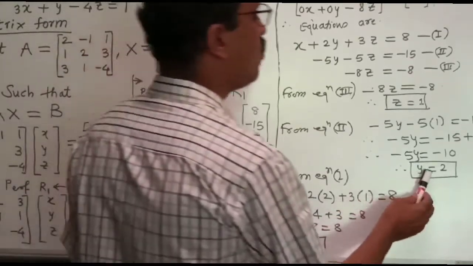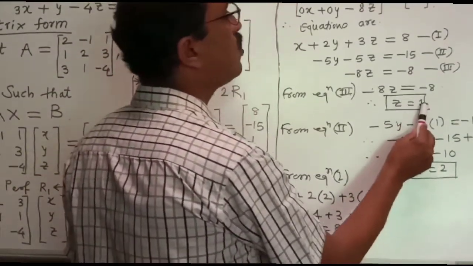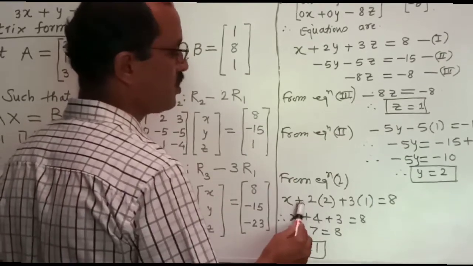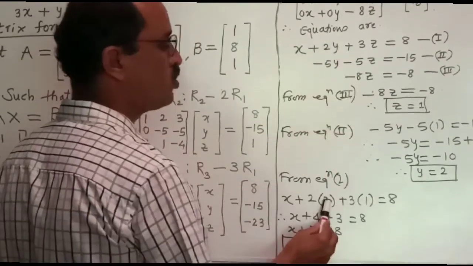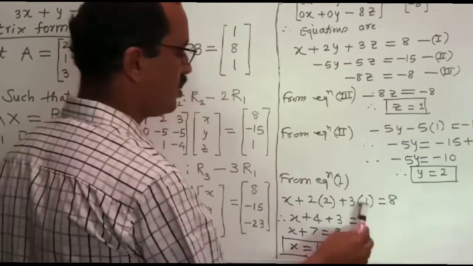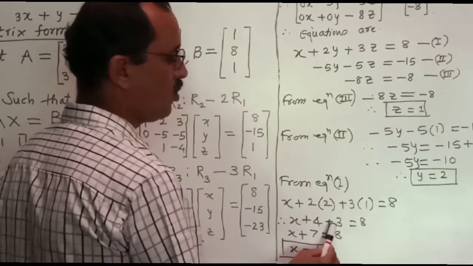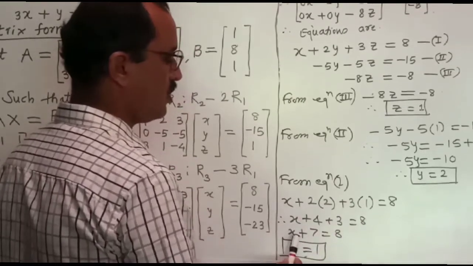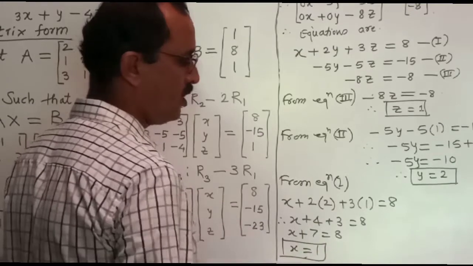Now put the value of y is equal to 2 and z is equal to 1 in equation 1. So from equation 1, x plus 2 into 2, plus 3 into 1 is equal to 8. So we get x plus 4 plus 3 is equal to 8. That is x plus 7 is equal to 8.